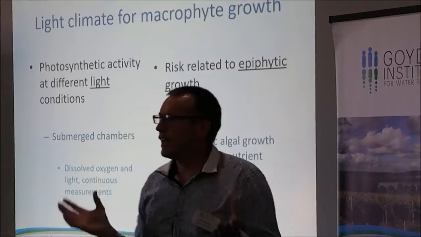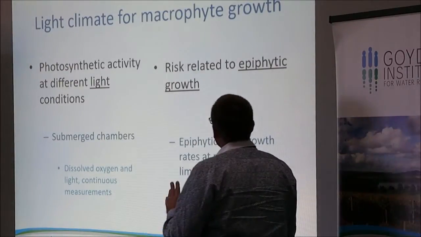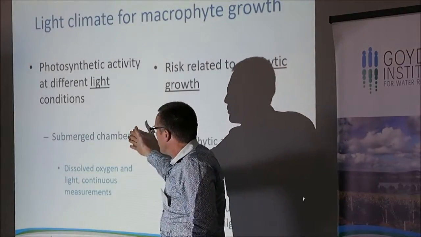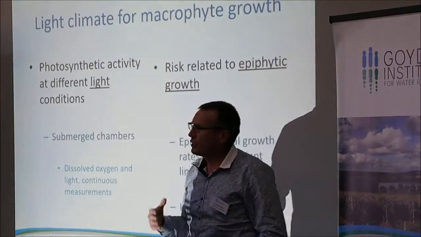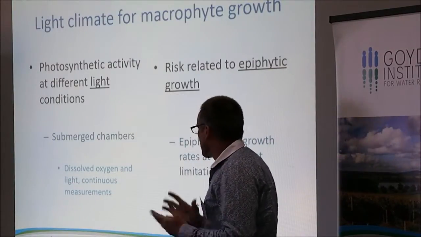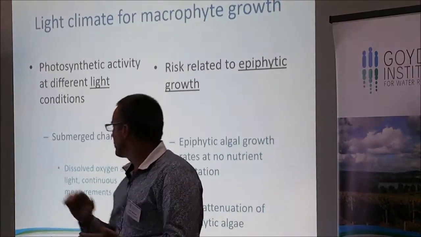There's two things we really wanted to know. We wanted to know how much light the macrophytes need, and we wanted to know how much light the epiphytic algae cut out. So with this, we put in submerged chambers and we measured photosynthesis, so we can determine what the light requirements of those macrophytes were on the bottom. We're doing that by continuously measuring oxygen, getting a picture of photosynthesis.